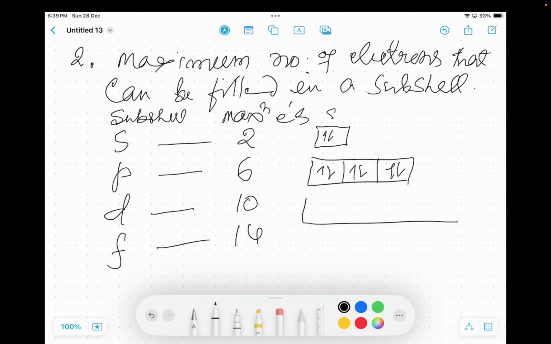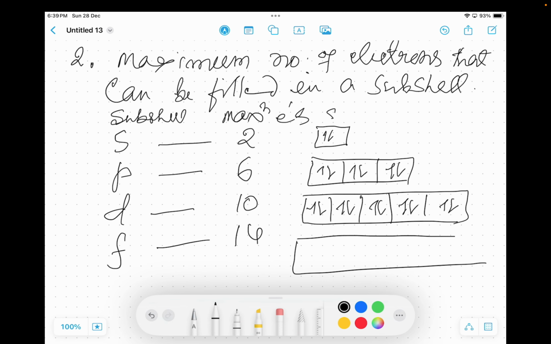There are 5 orbitals in D subcell, and each orbital can have maximum of 2 electrons. Therefore, D subcell can have maximum of 10 electrons. Similarly, since F subcell has 7 orbitals, and maximum 2 electrons in each orbital, the maximum capacity of F subcell will be 14.